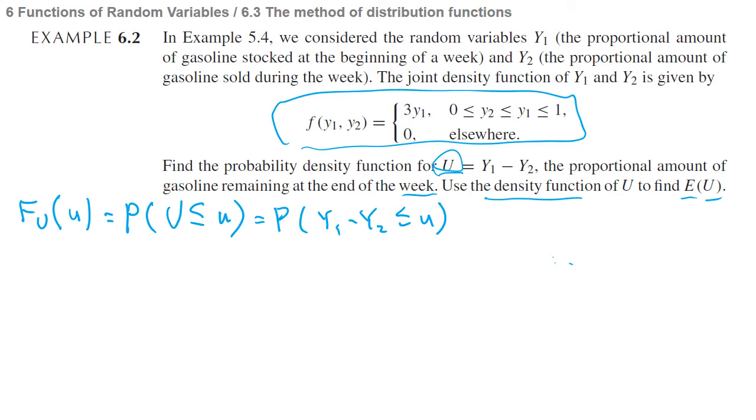So the joint density of Y1 and Y2 is this one, and we can integrate the density function over this region. We calculate that probability by integrating the density function over this region.